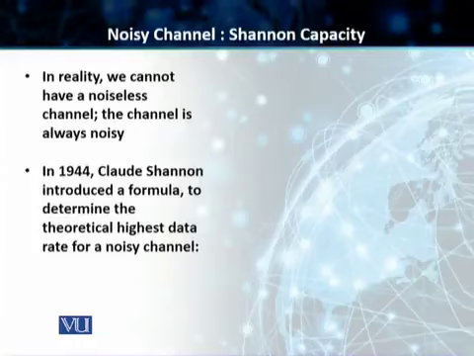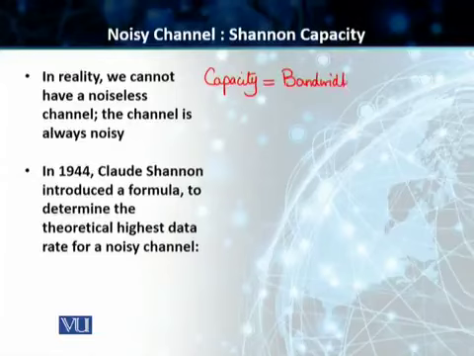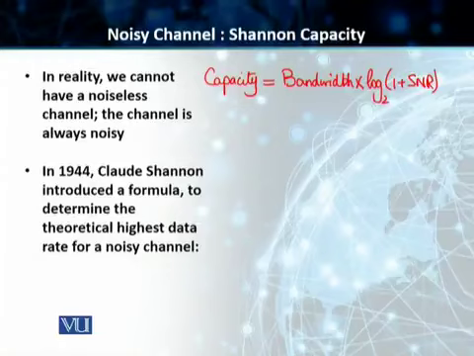Students, the Shannon capacity formula is: capacity equals bandwidth multiplied by log to the base 2 of 1 plus the signal to noise ratio. This bandwidth is the bandwidth of the channel. The SNR is the signal to noise ratio.